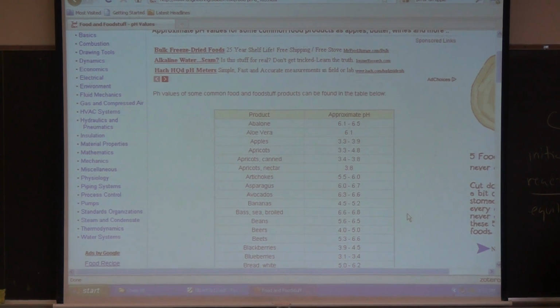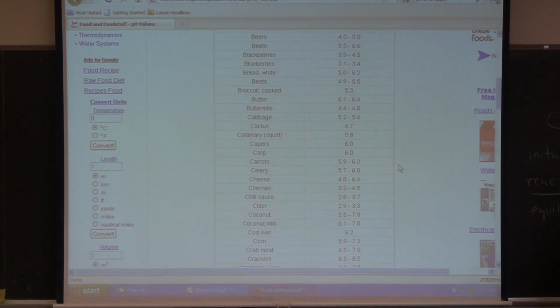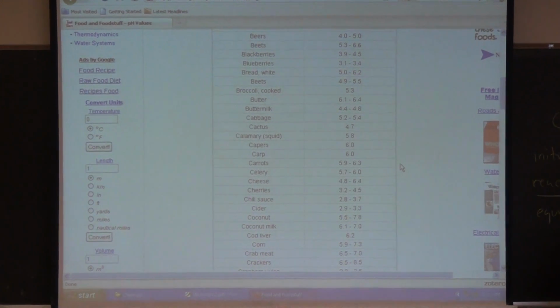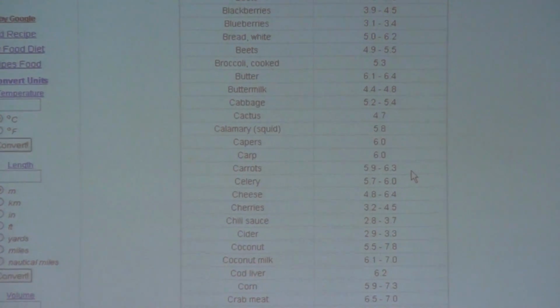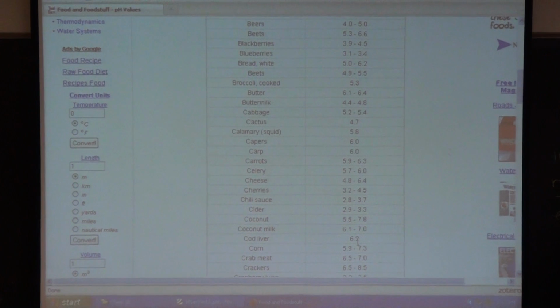As we go down this list, it looks like all the fruit and produce we're seeing here are acidic. So are there any basic food products in here? Let's see. See any basic compounds? Cod liver, 6.2.